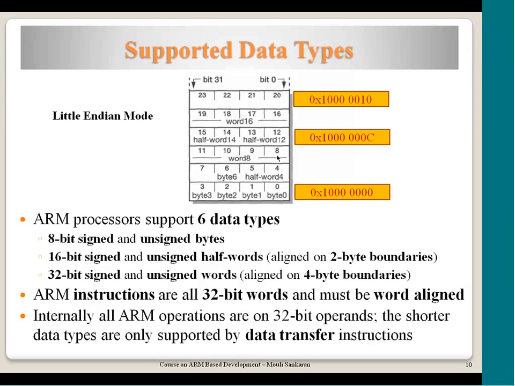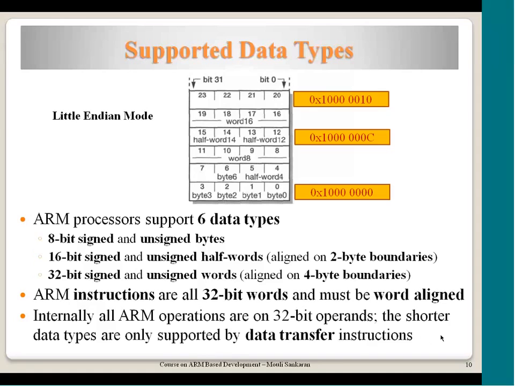So it will either read from 0 or 4 or 8 or 12. So the lowest 2 bits of the address will not be considered when it is accessing a 32-bit value. So you should know what we mean by word aligned, or 2-byte boundary aligned, or 4-byte boundary aligned. Only the byte values can remain anywhere, and once they are accessed, it will become a 32-bit value inside the processor.